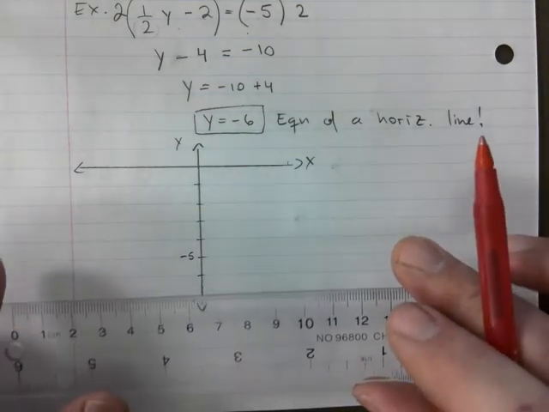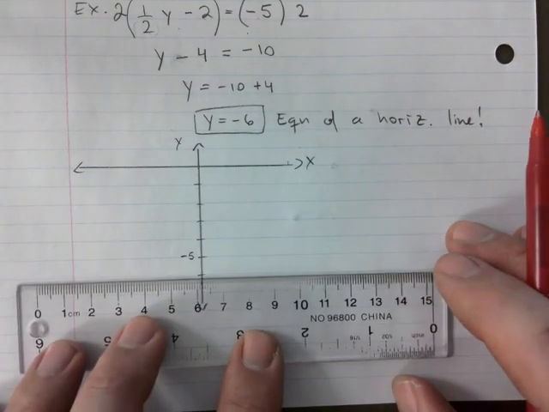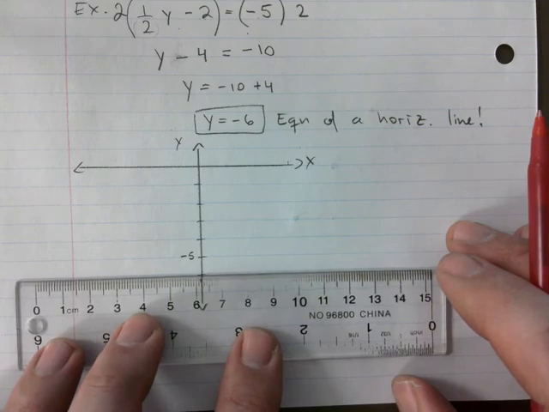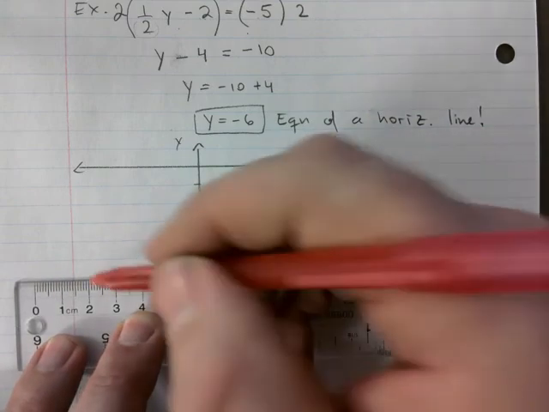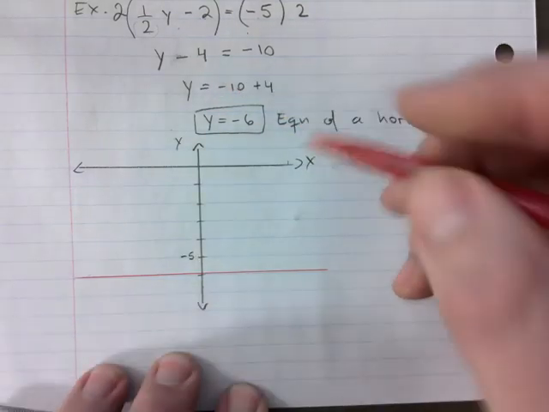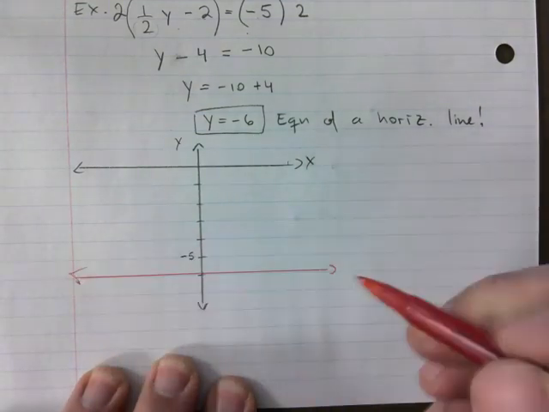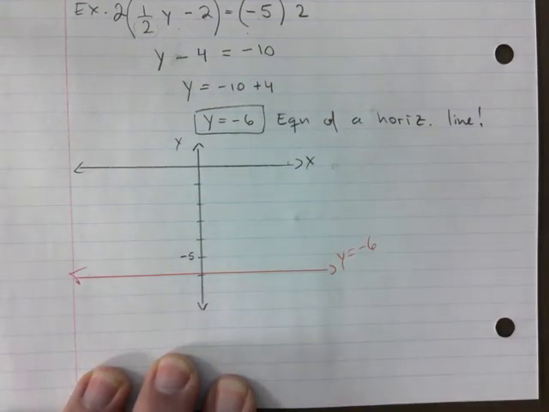And it's supposed to go right through negative 6 there. y is equal to negative 6.